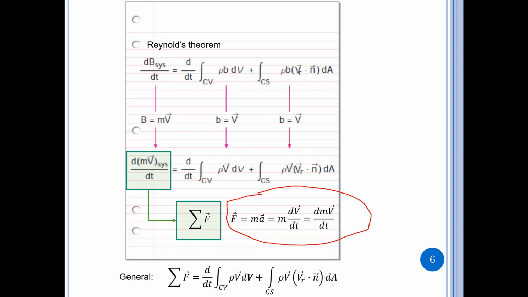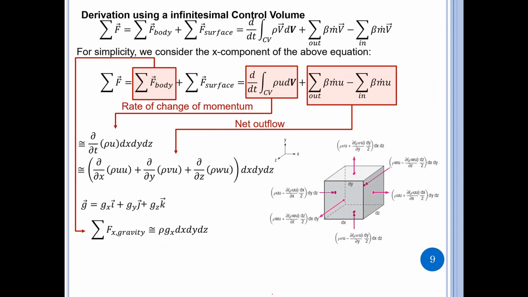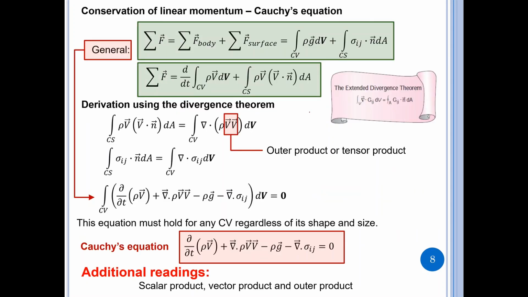Now if you compare this expression with that expression, d(mv) system over dt is basically the summation of forces. So the summation of forces becomes d over dt integral over control volume rho v dV plus integral over control surface rho v vr dot n dA. So this is the second expression that we use for the derivation of conservation of linear momentum.